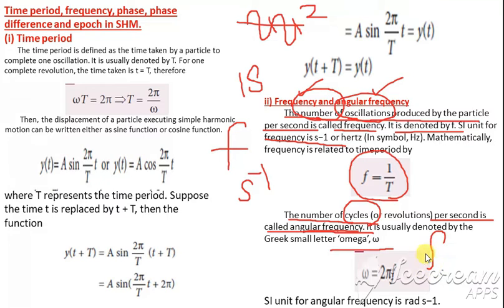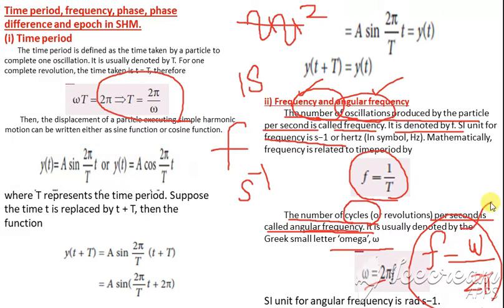From this, if you want f, we can write f is equal to omega divided by 2 pi. So T is equal to 2 pi divided by omega, and f is equal to omega by 2 pi. These are the two main formulas you have to know about time period and frequency.